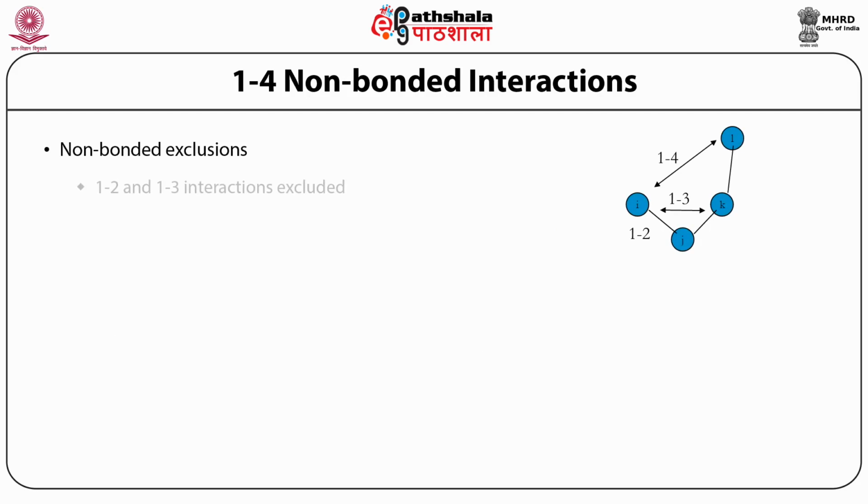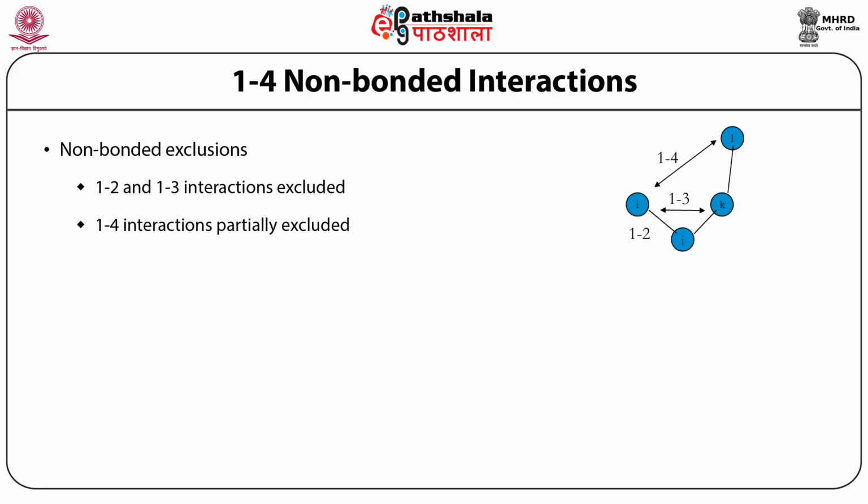As you notice, 1-2 and 1-3 interactions are already taken care of by the bonded terms, hence they are excluded here. However, the 1-4 interaction does come in the torsion as well as in the van der Waals potentials.